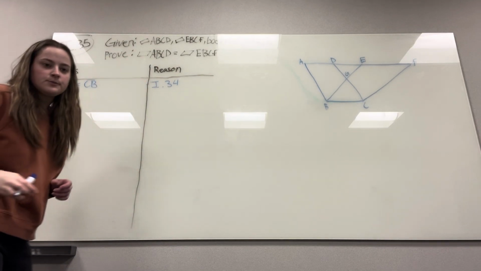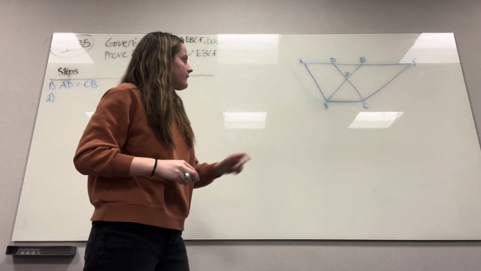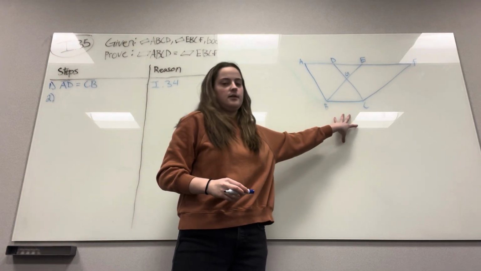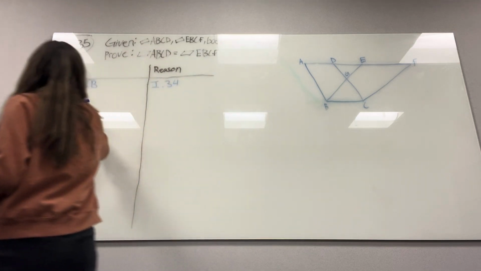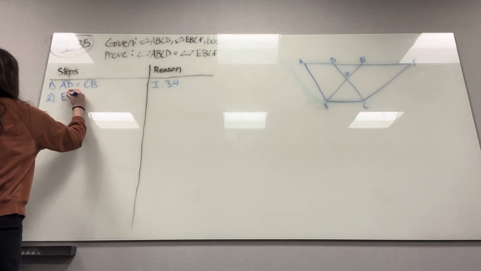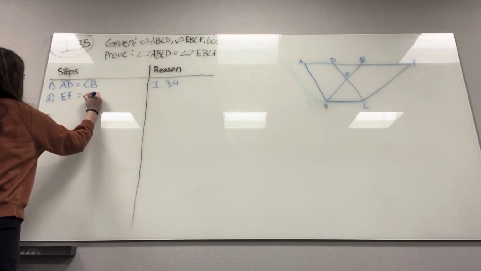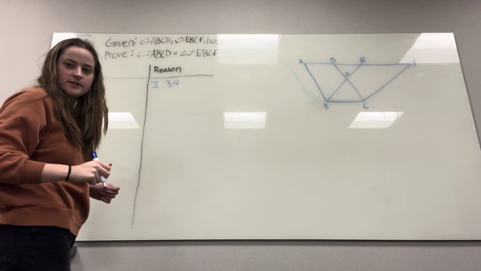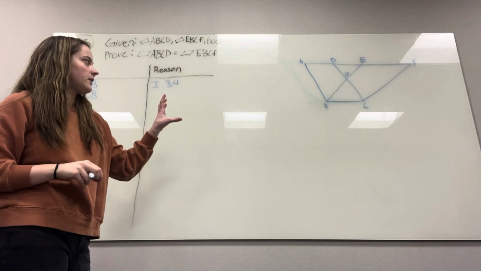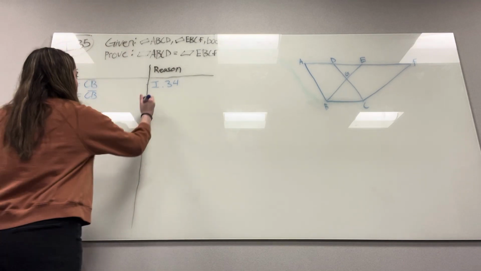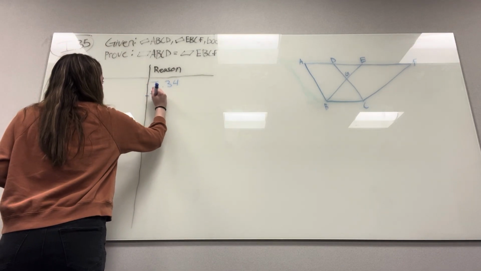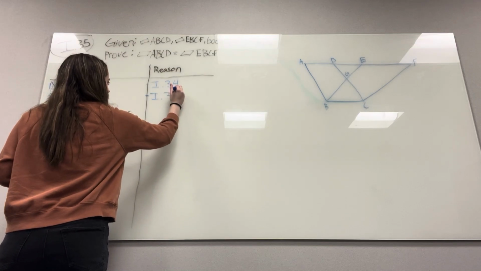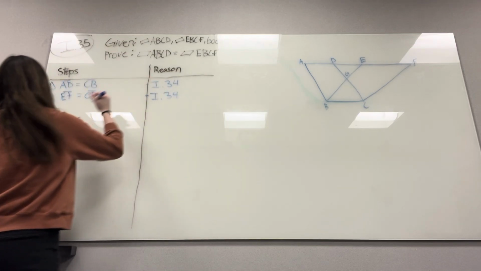So for step 2, we're going to say EF and BC are equal to each other. And this is also because of Proposition 34, the area of a parallelogram, that the sides and angles will be equal to each other.